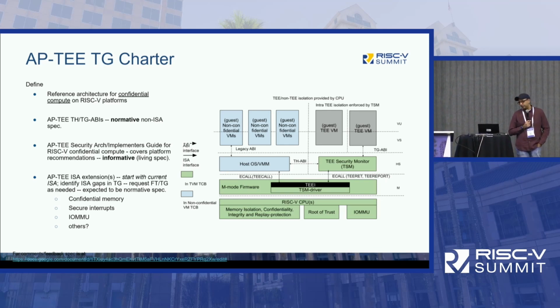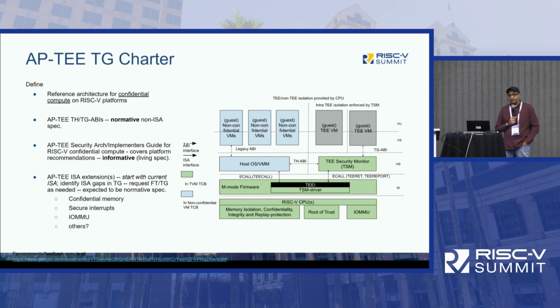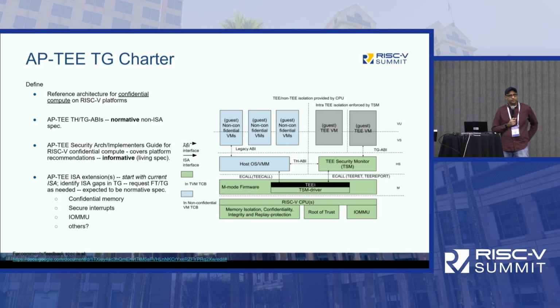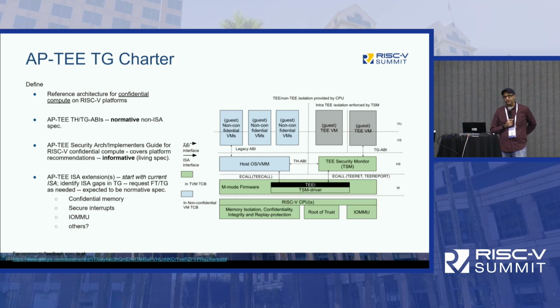Now, confidential compute, for folks who are familiar with the topic, is a pretty broad security topic. It touches a lot of things on the system in order to achieve its goals, which is basically to provide a more enhanced model of security for data that's being processed on an application processor.